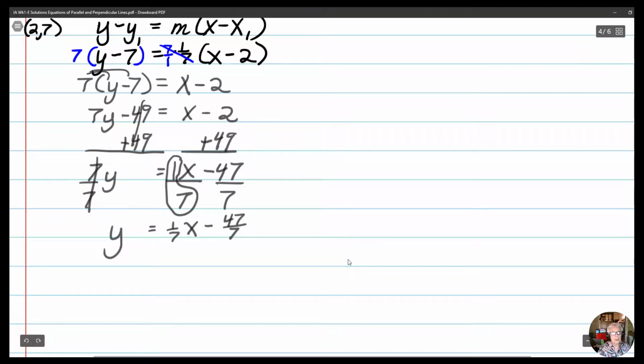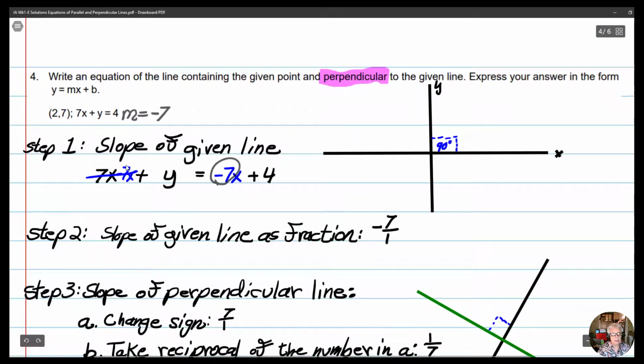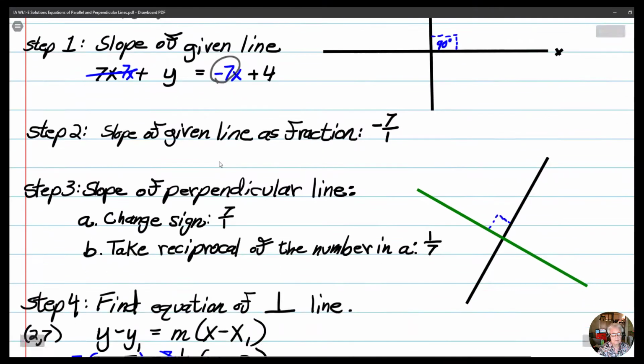This takes a lot more mental energy, a lot more physical energy. All right, first I find the slope of the given line. And I write that as a fraction if it's not already a fraction. Then to find the slope of the perpendicular line, I have to do two things.